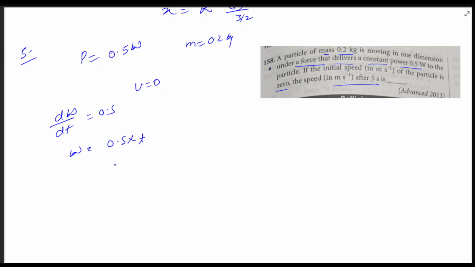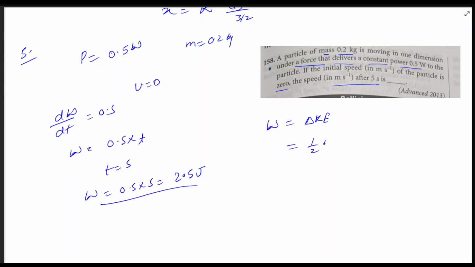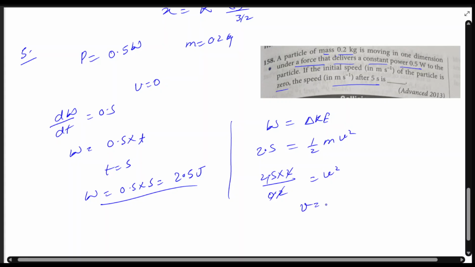After 5 seconds, total work done will be 0.5 into 5, which is 2.5 joules, right? And we know work done equals change in kinetic energy. Initial was 0, so final half m v square equals work done, 2.5. So v square is 2.5 into 2 divided by mass, 0.2. So decimal will get cancelled, and this is 25. So velocity will be 5 meter per second. Right? It's quite an easy question.